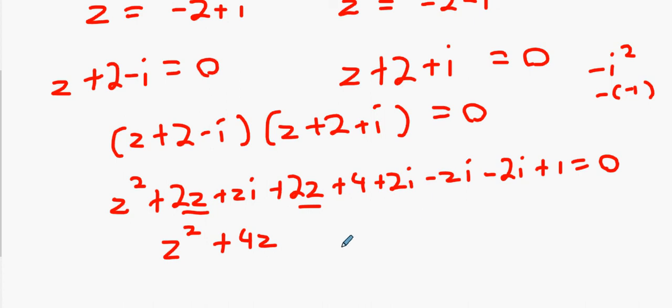Then we get z squared plus 4z plus 5. That's the quadratic.